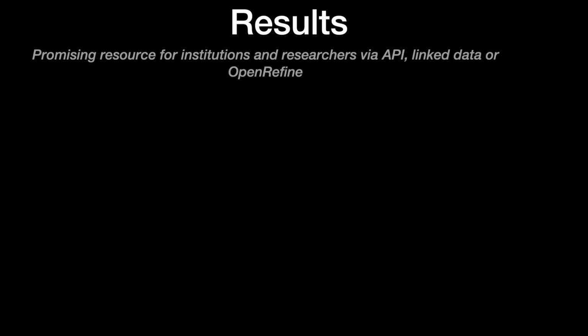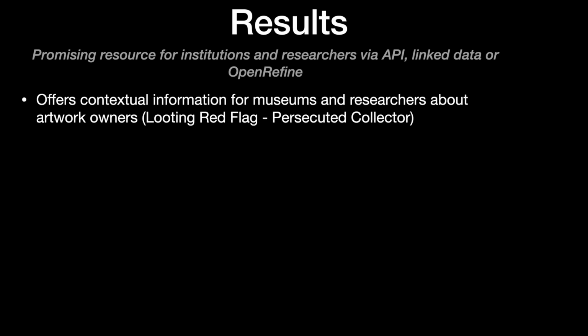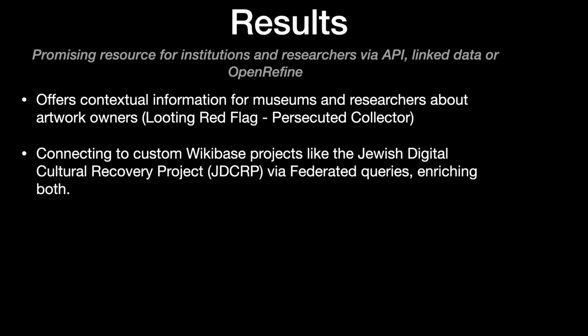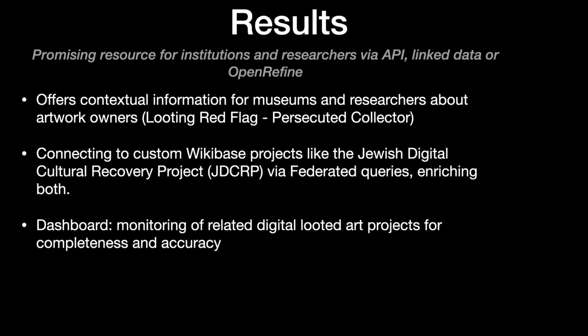There are also interesting results for institutions and researchers that like to connect with Wikidata via API or use OpenRefine or use linked data themselves. And that is, Wikidata has contextual information that they might be lacking, which can enhance their own knowledge bases. And of course, we can connect to all kinds of other projects. The dashboard had a surprising result, and that was that the information in Wikidata did not necessarily match the information elsewhere.